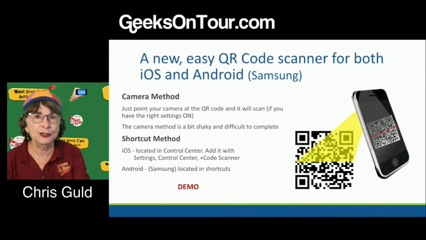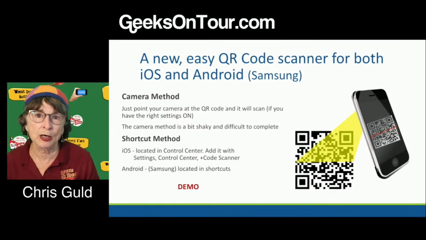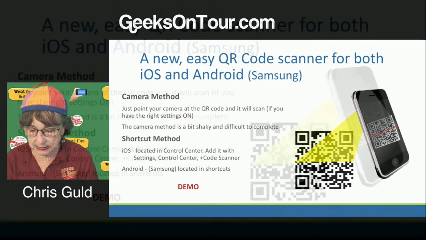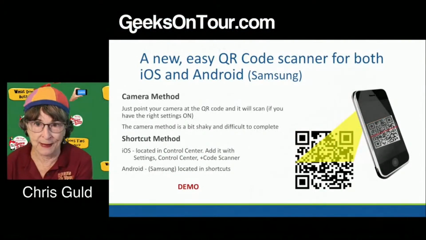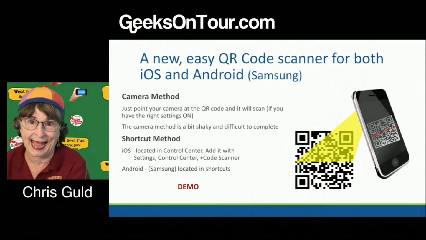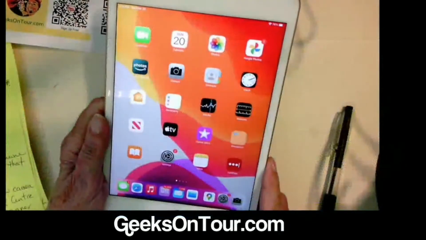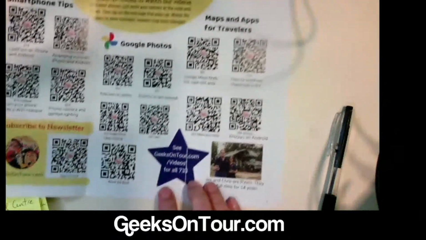Okay, so first actual tip for today's hodgepodge is QR code scanning. So you probably all know, because we've been forced to in this pandemic, the camera method of scanning a QR code. I'm going to show you using my iPad. So here are some QR codes. This is our brochure.